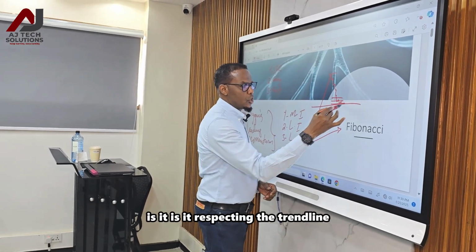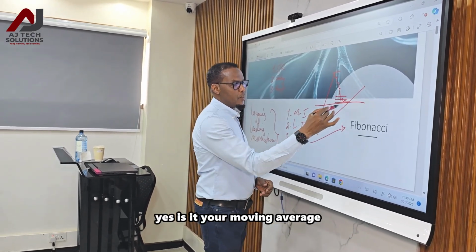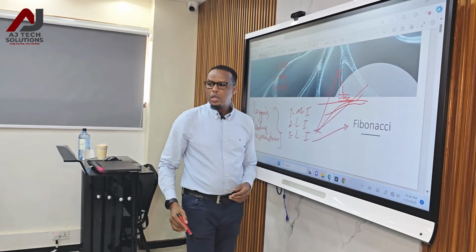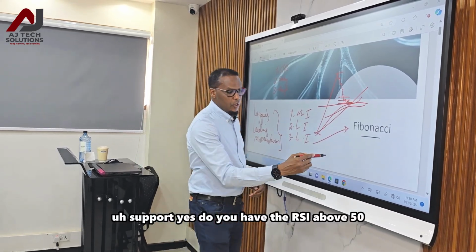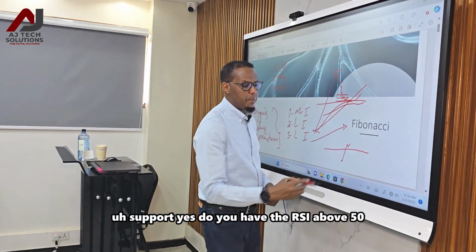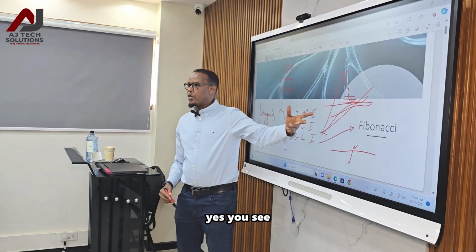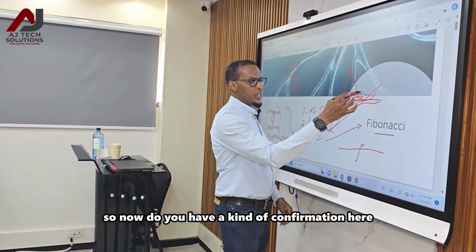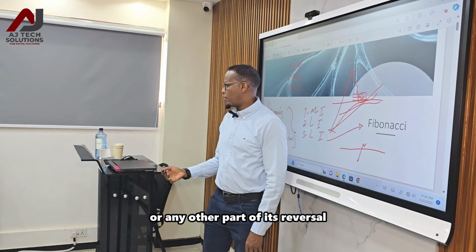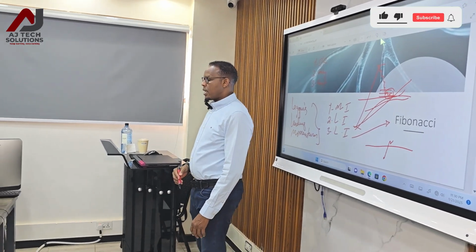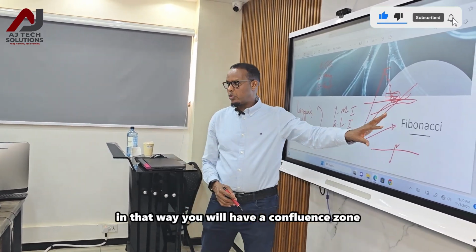Yes. Is it respecting your trend line? Yes. Is it your moving average support? Yes. Do you have the RSI above 50? Yes. Do you have a candle confirmation here or any other reversal pattern? In that way, you will have a confluence zone.